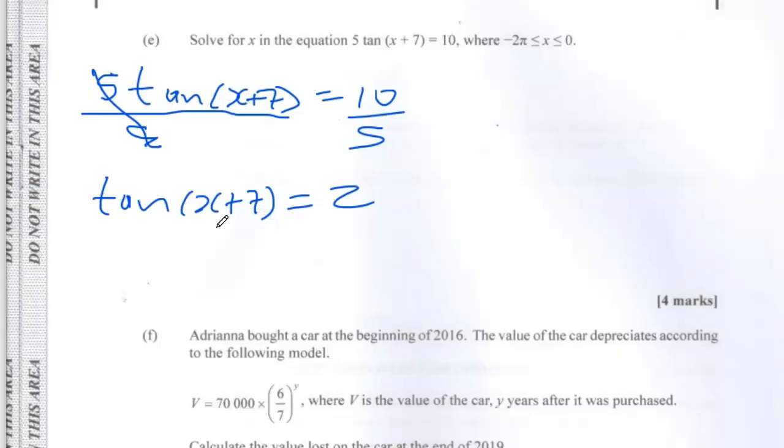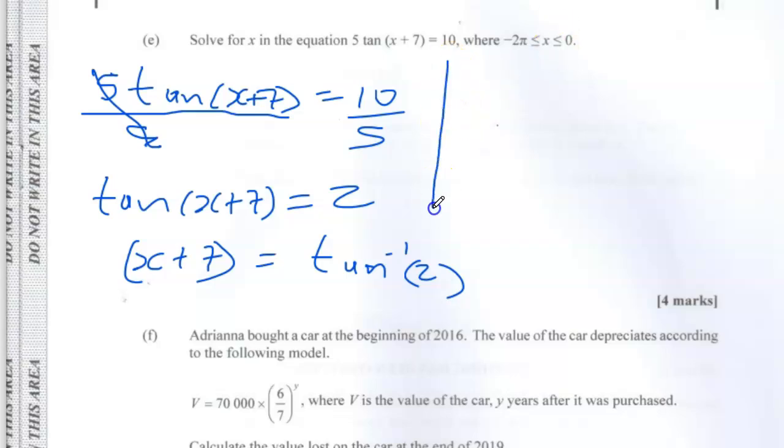Which means that x plus 7 is equal to tan inverse 2. Now, what's tan inverse 2?